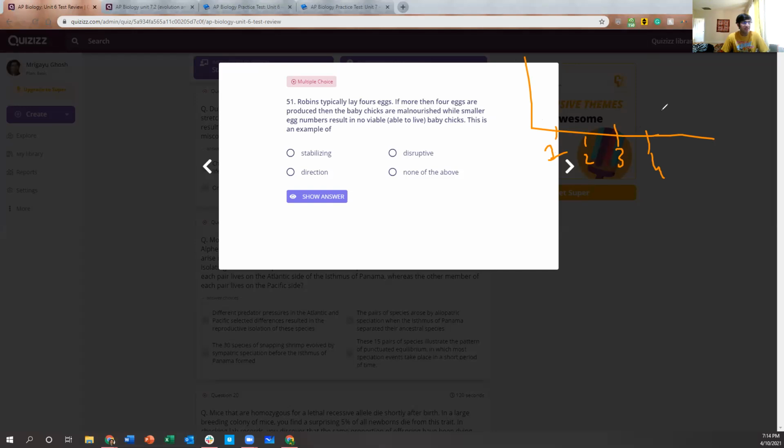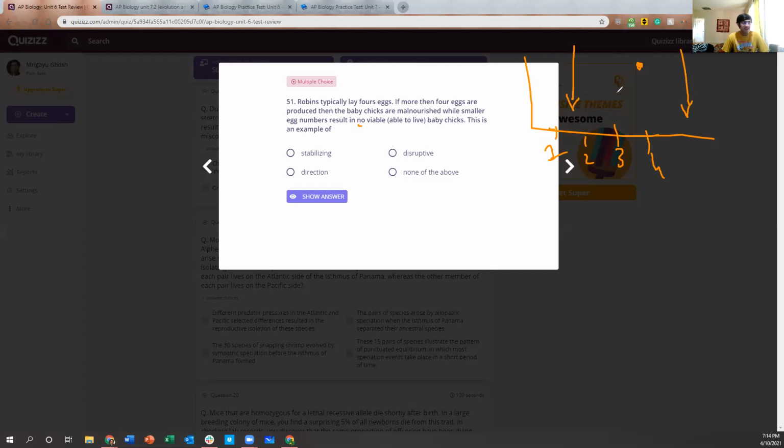That's not good. 4 is your sweet spot. There's a selective pressure for small, and there's a selective pressure for more than 4.